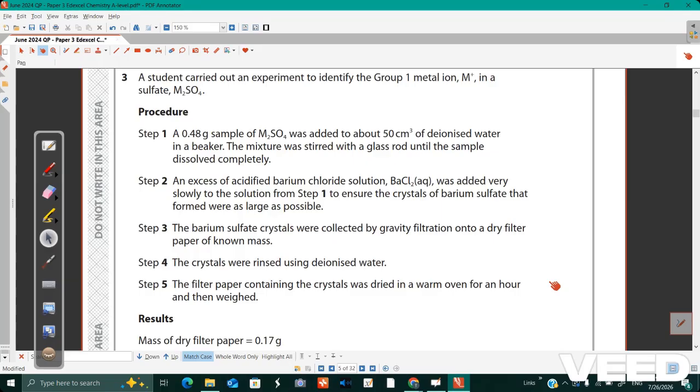An excess of acidified barium chloride solution was added very slowly to the solution from step 1 to ensure the crystals of barium sulfate that formed were as large as possible.